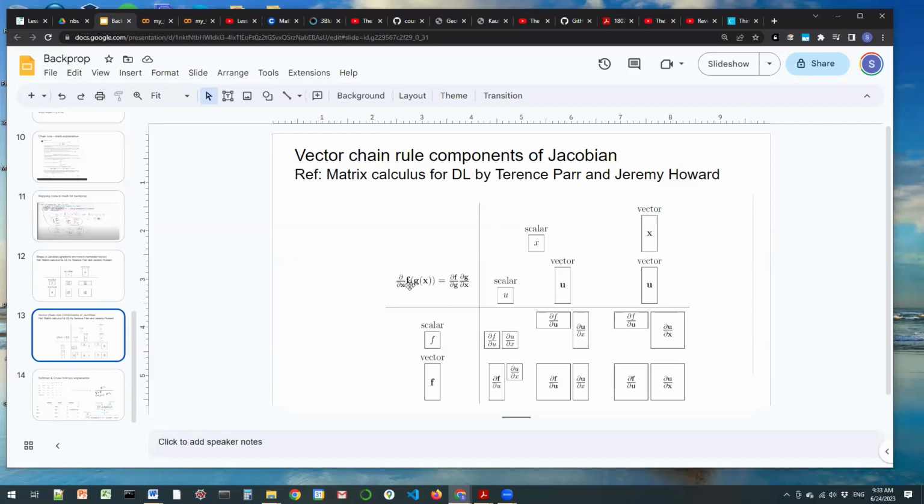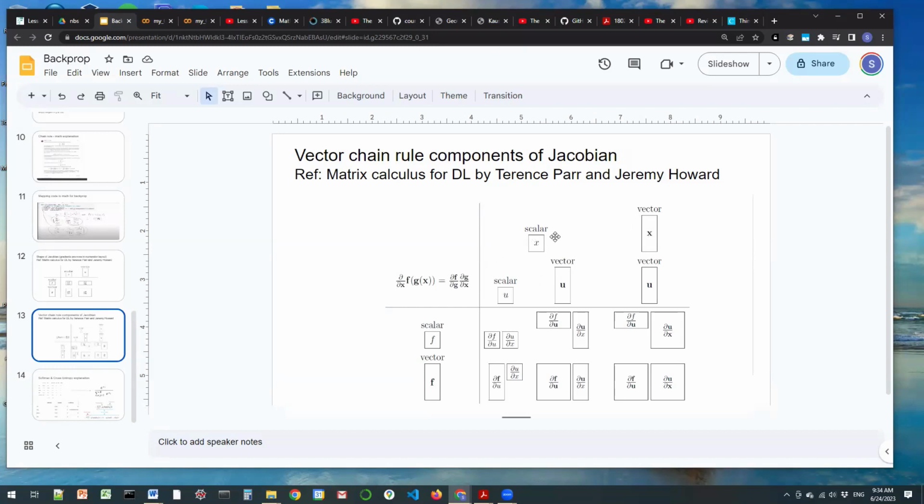So here, what we have is a composition of functions. So function f of g of x is del f by del g, and then del g by del x. This is just chain rule. But now we have to think about the following. Each of g of x and f of g could be a scalar or a vector. X can be a scalar or a vector. G of x can be a scalar or a vector.